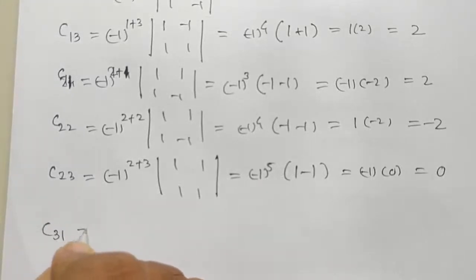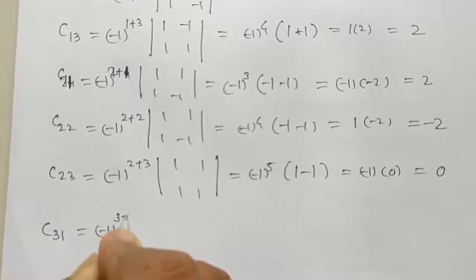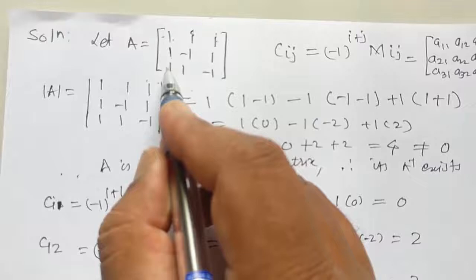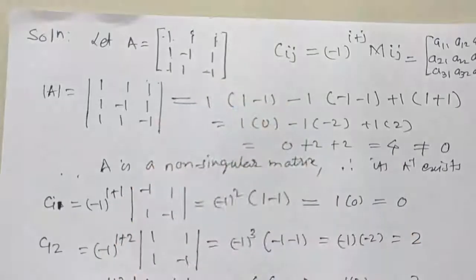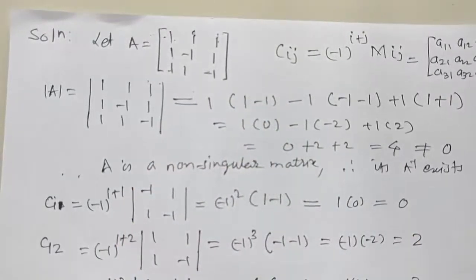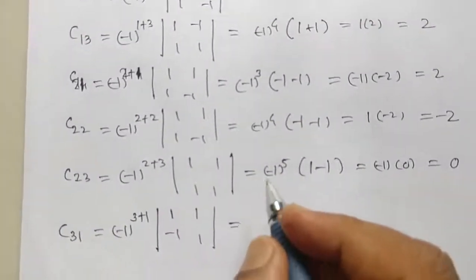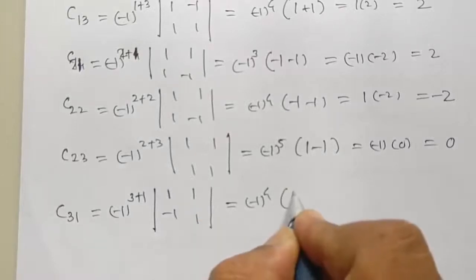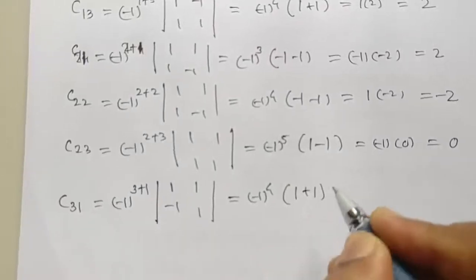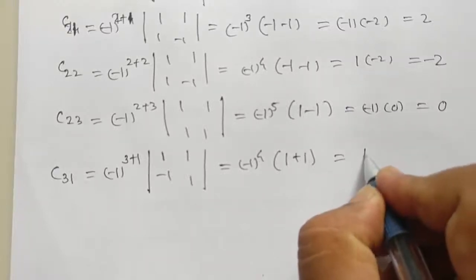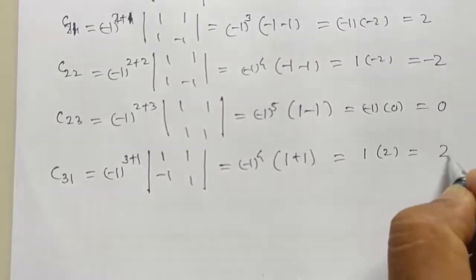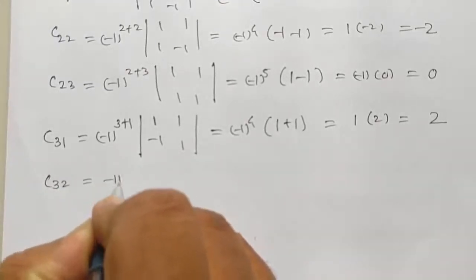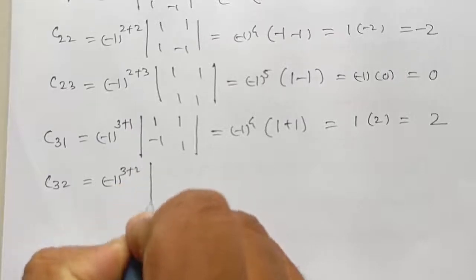C31 is equal to minus 1 raised to 3 plus 1 into determinant. Deleting this row and column, we get 1 1, minus 1 1, equal to minus 1 raised to 4 into (1 minus minus 1, that is plus 1), which is 2. C32 is equal to minus 1 raised to 3 plus 2.